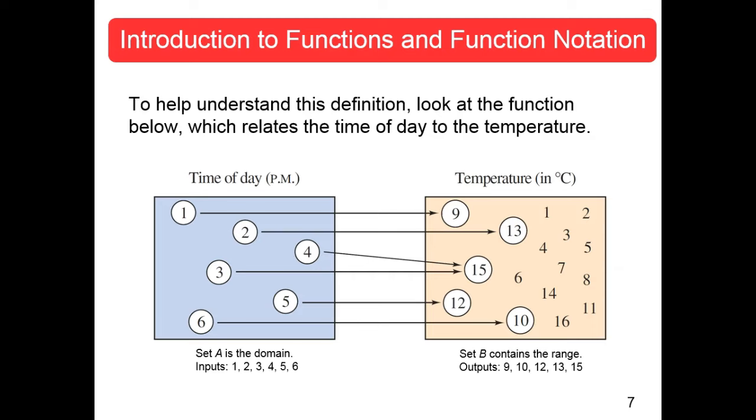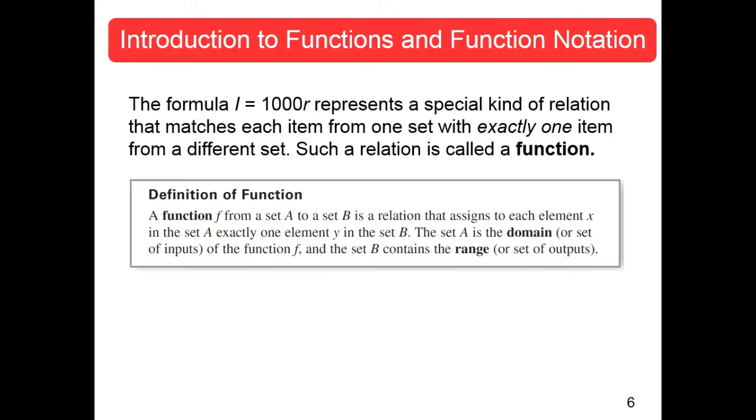Now, to help understand this definition, let's go back to the previous page. Here's the definition. A function f, very creative in how they name the functions, f, from a set A to a set B. It takes stuff from one thing, operates on it, sends it to another set.